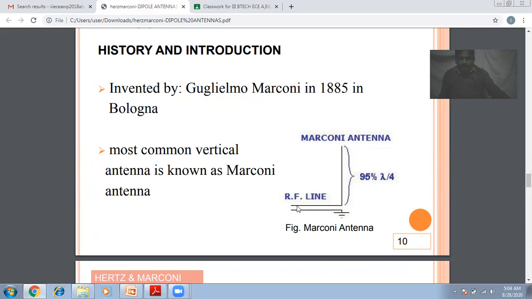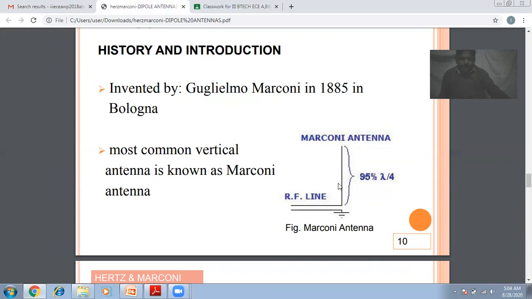We can connect the coaxial line directly without the need of a balun. That is the merit of this antenna, and also the directivity of this antenna is double that of the dipole antenna. Therefore, generally this is preferred for high gain applications.